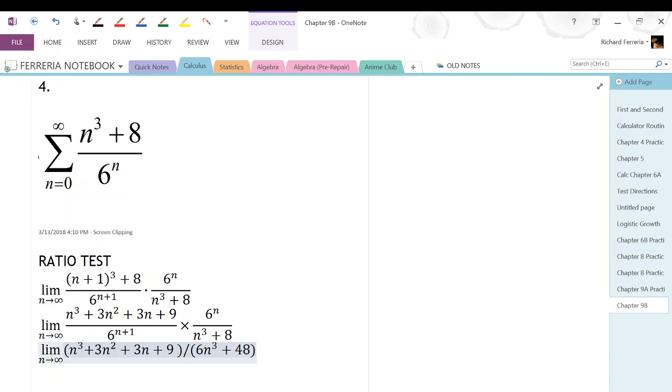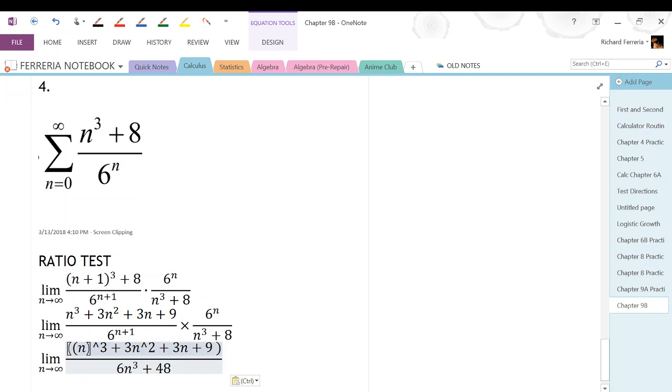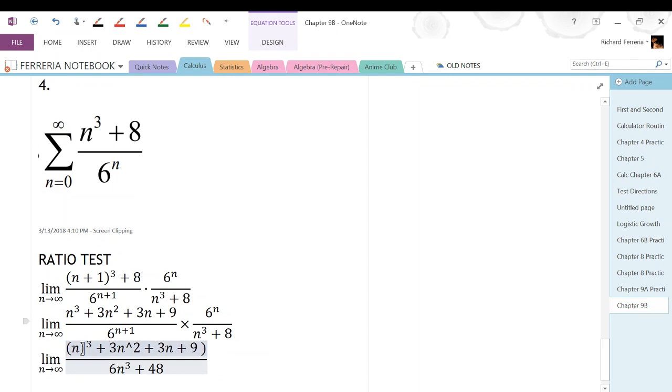What just happened here? I didn't do this. It's totally different, and I thought we did it together. No, I didn't do it this way, but the idea is still the same. It's n cubed over n cubed, cancels, gives you 1.